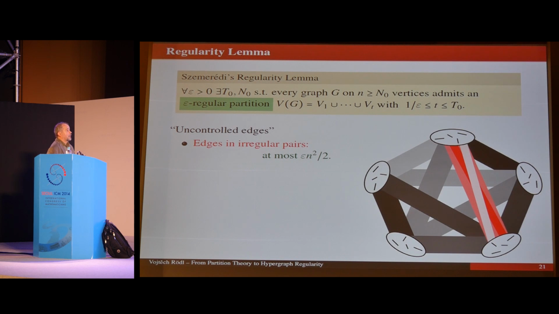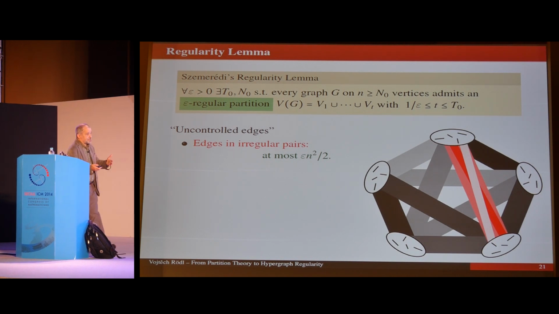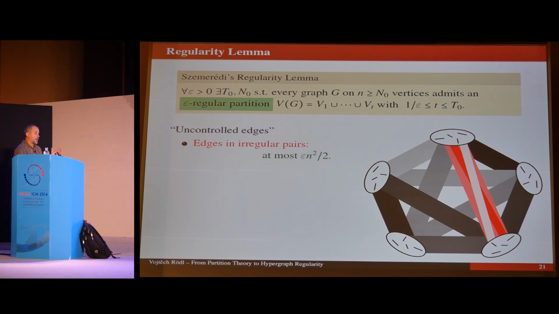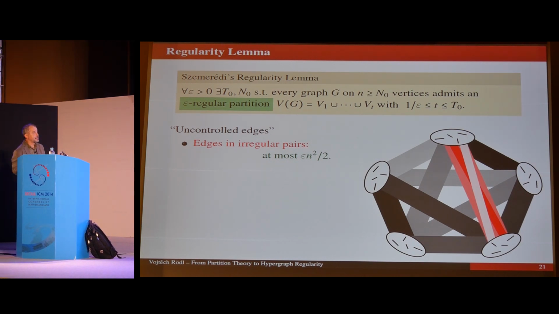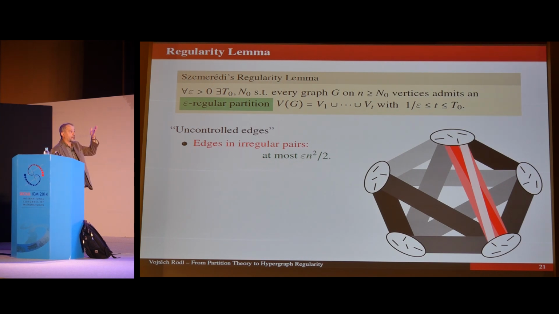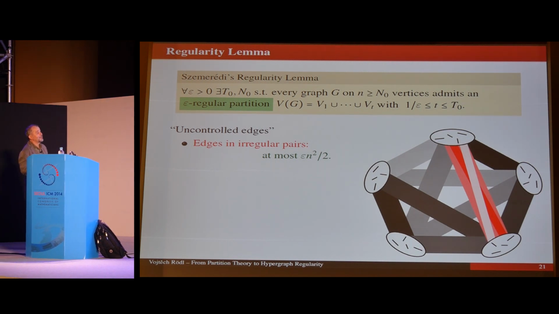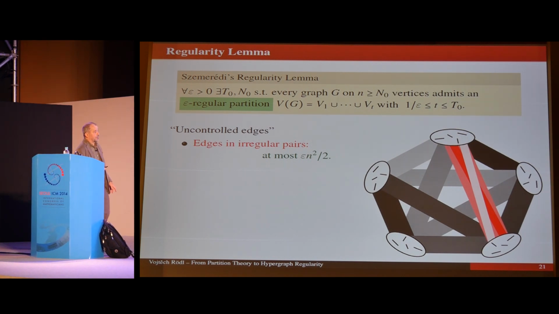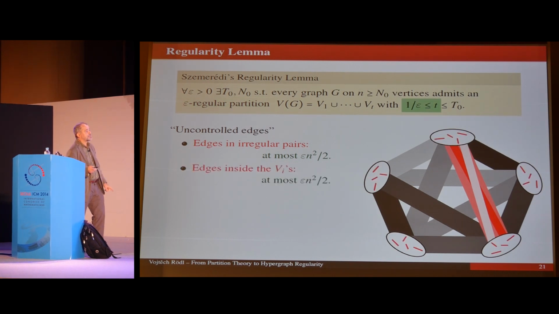The reason for this setup is that the number of uncontrolled edges, the ones which are not in regular pairs, will be small. In irregular pairs we cannot say anything. We had at most epsilon times t choose 2 of them, so there are at most epsilon n squared over 2 irregular pairs of vertices.